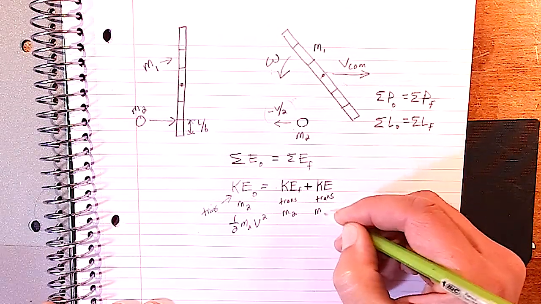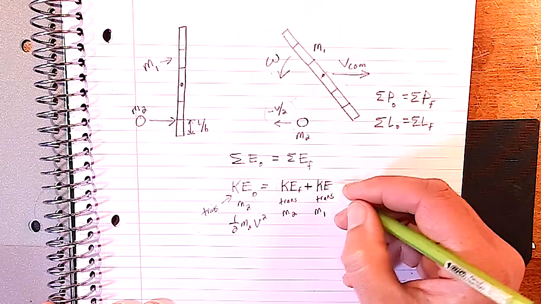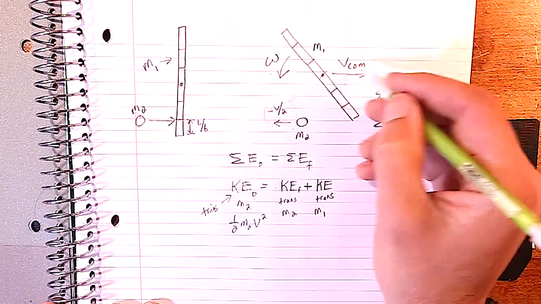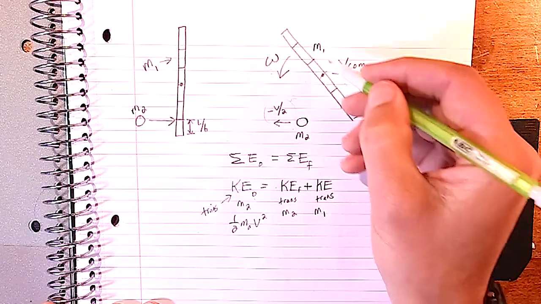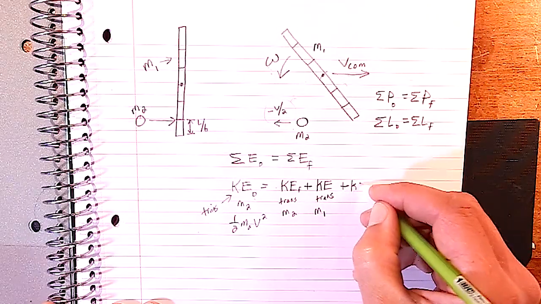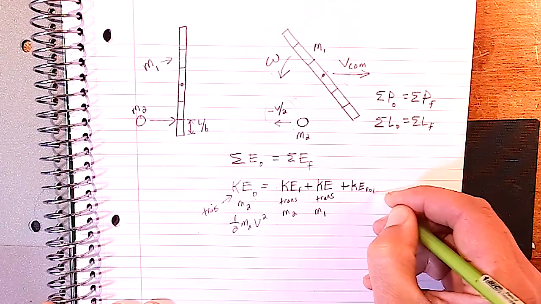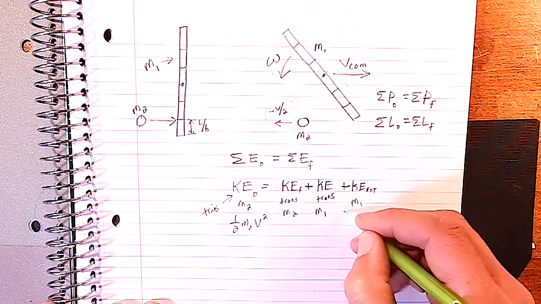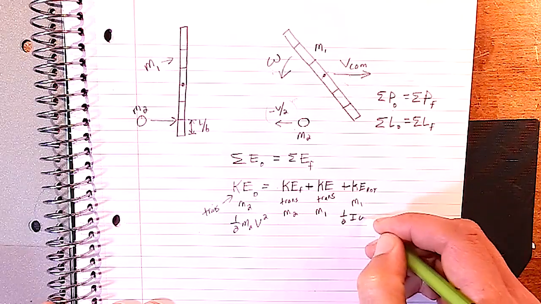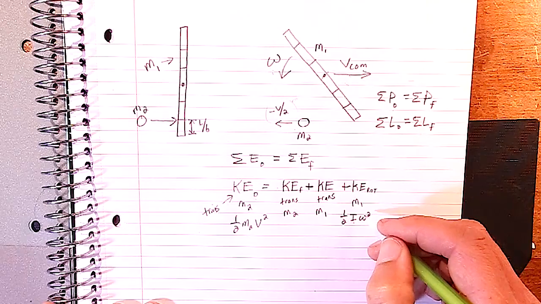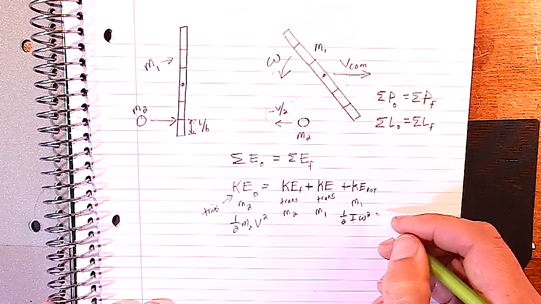So that would be mass 1. The rod is translating, and because we have the velocity of the center of mass, we know what that is. That's 1/2 M1 VCOM squared, plus KE rod rotating, and that would also be for mass 1, and that would be 1/2 I omega squared, and I in that case would be 1/12 ml squared because it's a rod rotating about its center of mass.